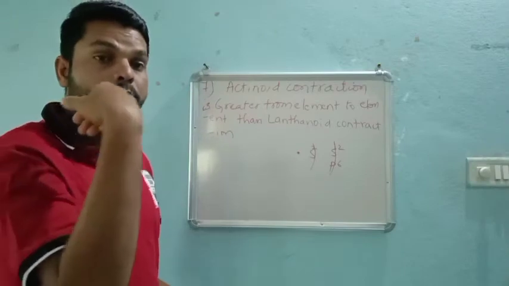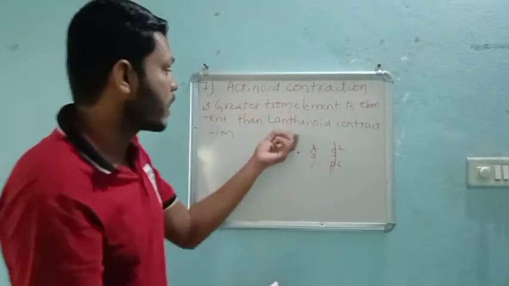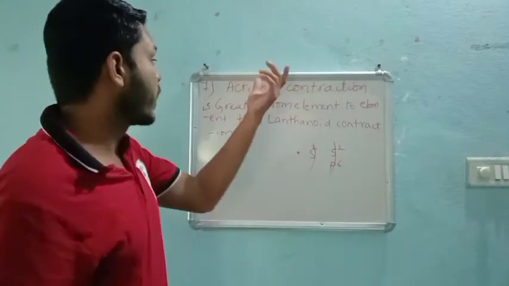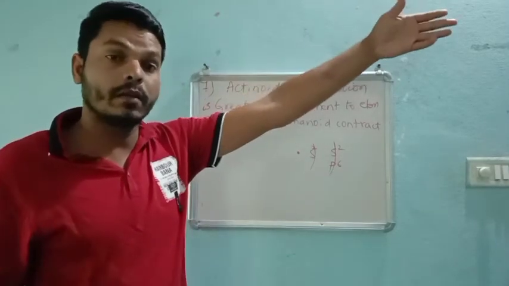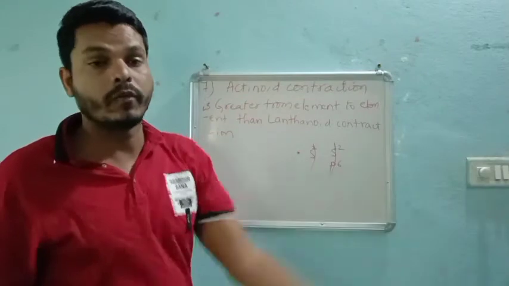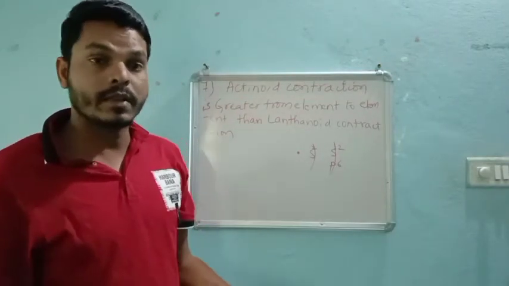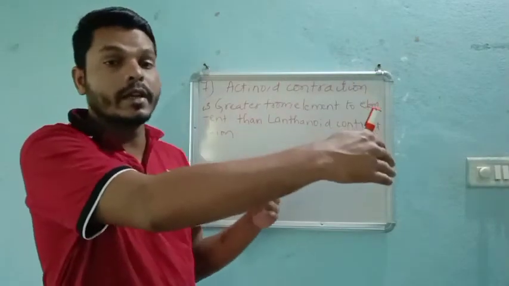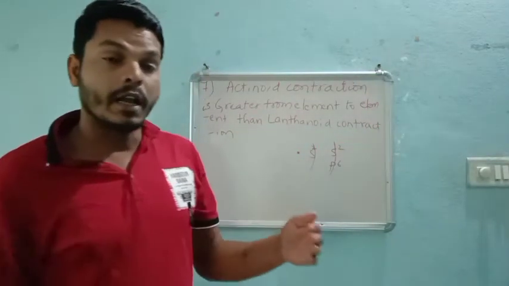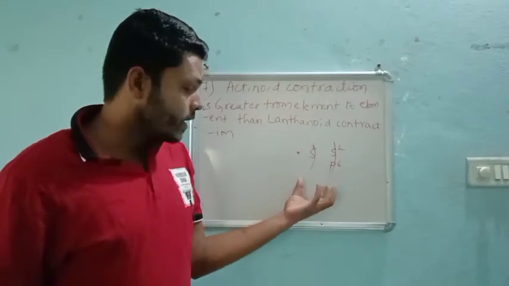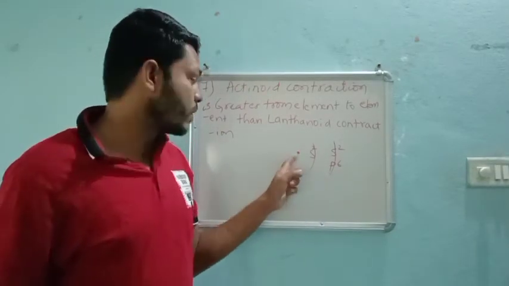Why? Because in lanthanides we are at 4f, but in actinoids we are moving further to 5f. 5f means one shell is increased. So as the number of shells goes on increasing, what happens? Repulsion will not be there, just like this. So they try to move towards the nucleus.